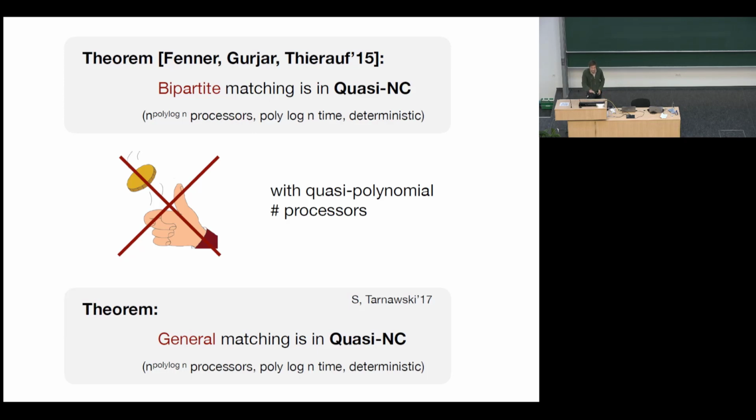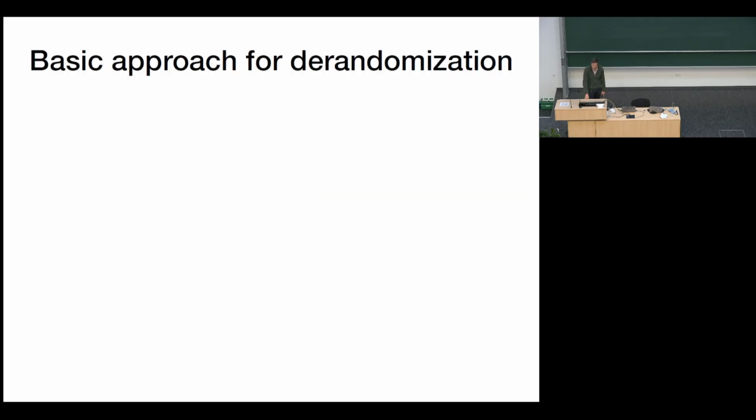Okay, so now I want to describe a little bit the beautiful paper by Fenner, Gurjar and Thierauf, because I like it a lot. So what is a basic approach for de-randomization? You take an existing randomized algorithm and you show that you can run it without random bits. Okay, so let's do that.